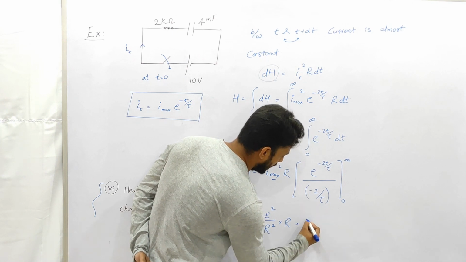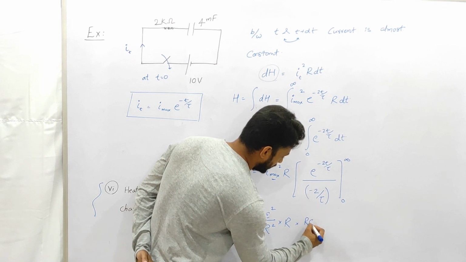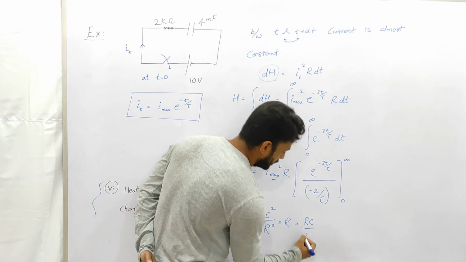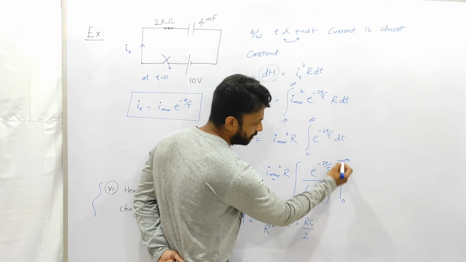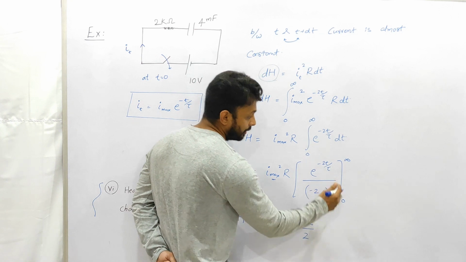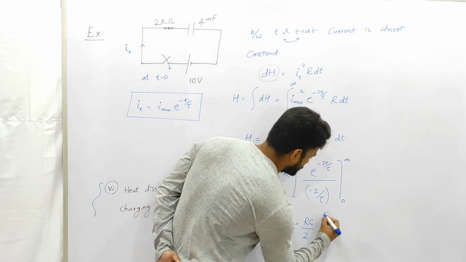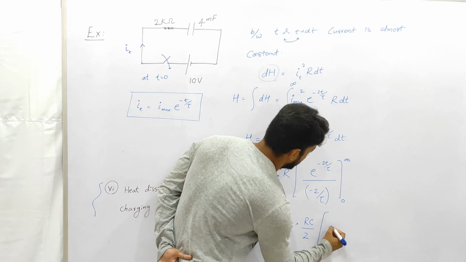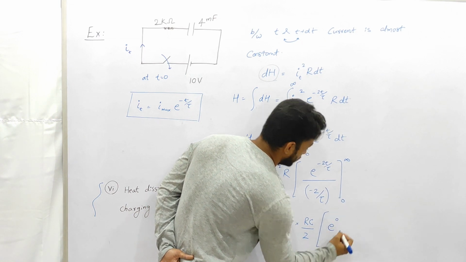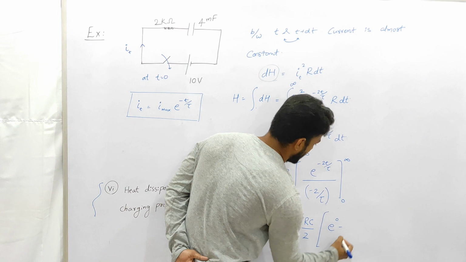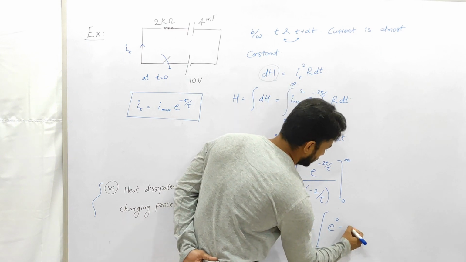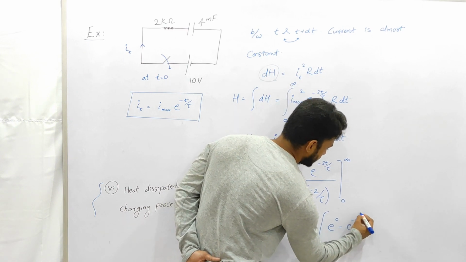Tau is nothing but RC. So here RC by 2. Just I will keep this minus inside by swapping the limits. So finally here I will get e power 0 minus e power minus infinite.